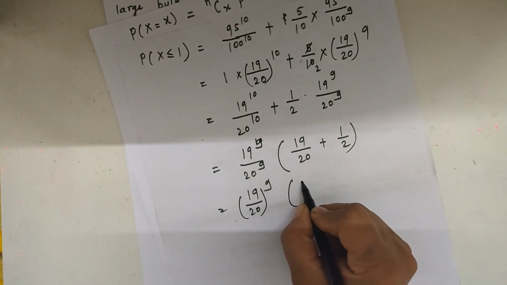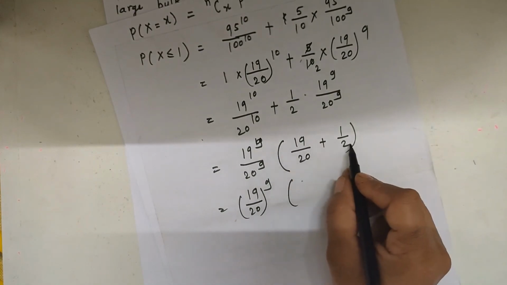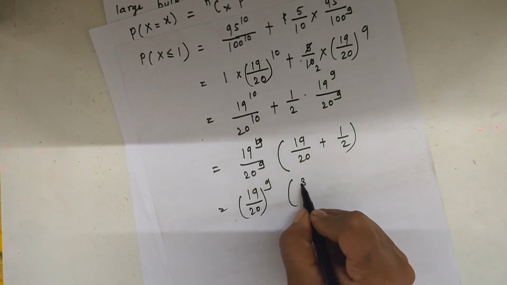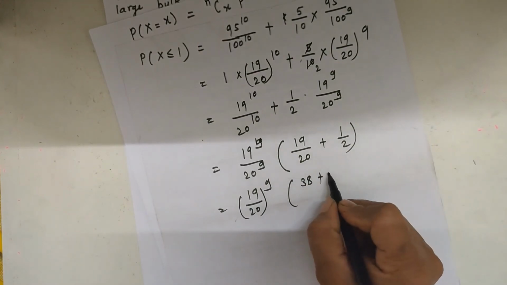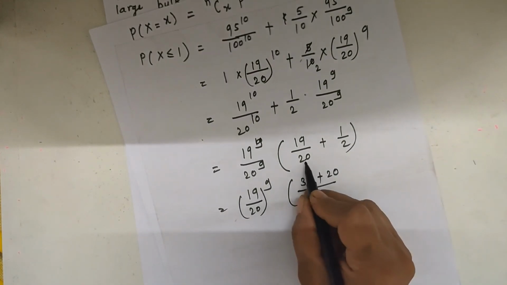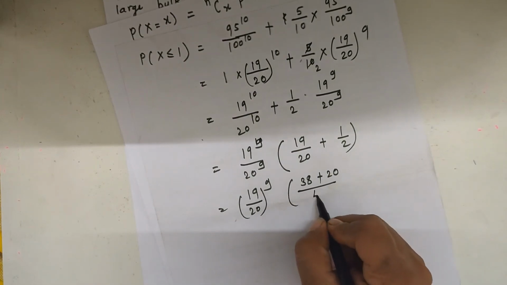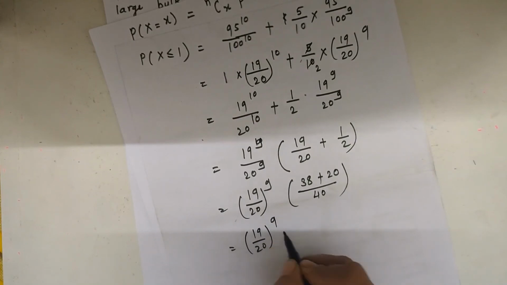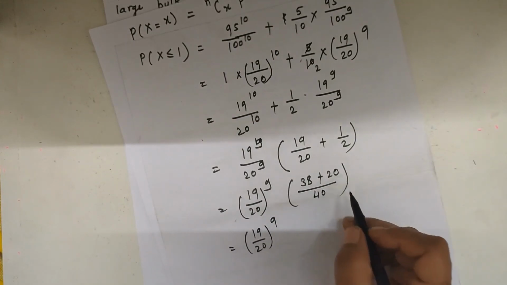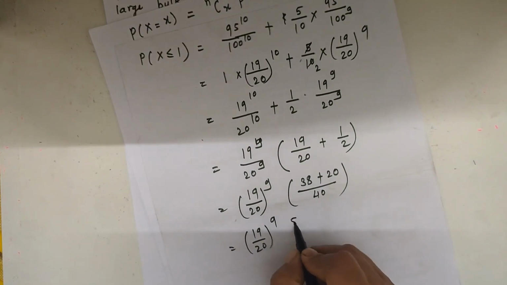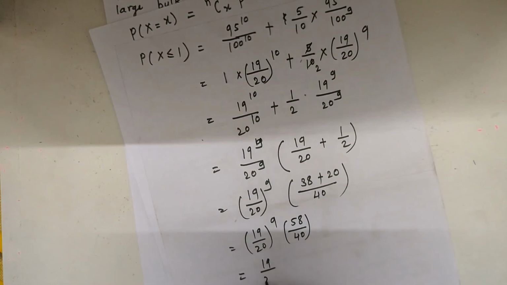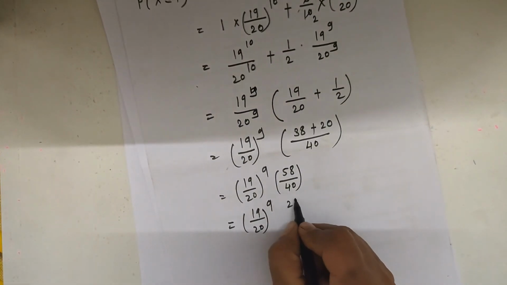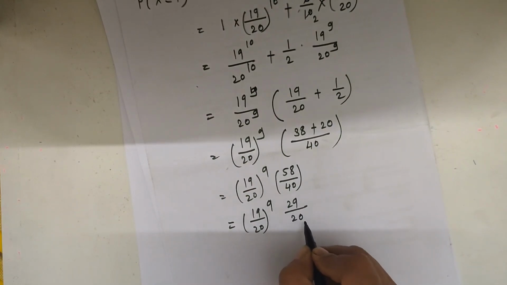we get by cross multiplication 19 into 2 is 38 plus 20 into 1 is 20, upon 20 into 2 is 40. So 19 upon 20 raised to 9 into 38 plus 20, 58 upon 40. Again the shortest form of 58 by 40 dividing by 2, we get 29 by 20.